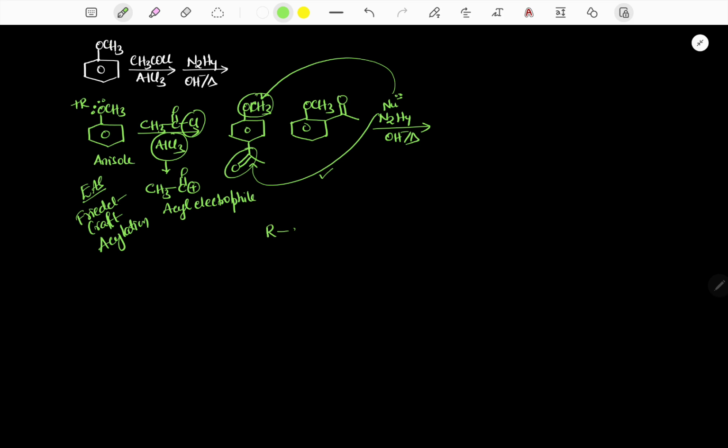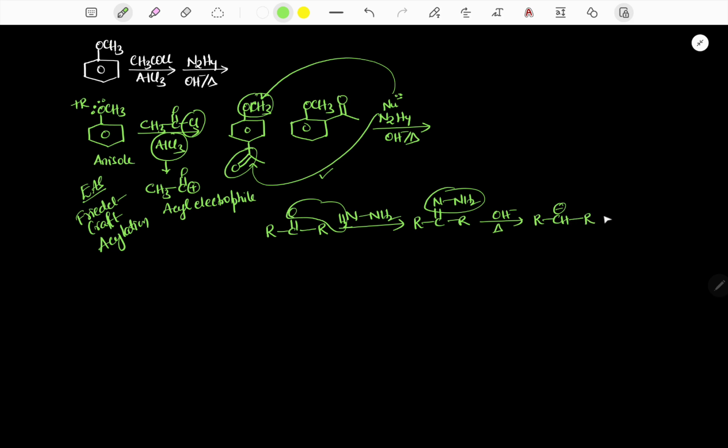So from our class, we have to recollect the reaction when ketone or aldehyde is treated with N2H4. Initially, we have to remove the water. Now by adding base, by heating, it loses the corresponding nitrogen and forms an anion, and this anion undergoes neutralization and forms the corresponding alkane.